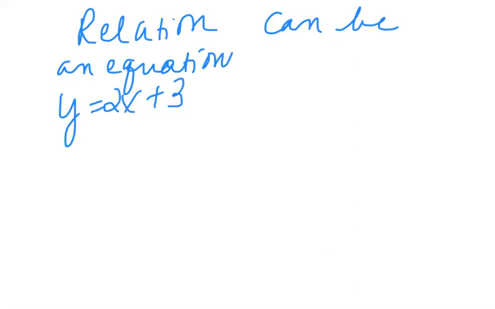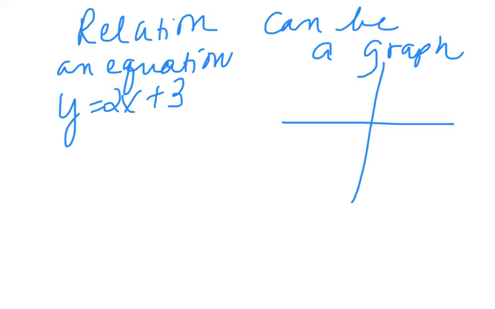It could be a set of points like you saw earlier. It could be a graph, where we go on the XY plane and plot some points on the XY plane here. Let me drop some points on this XY plane using a different color here, okay? So if I were to drop these points on here, this would also represent a relation, guys, okay?